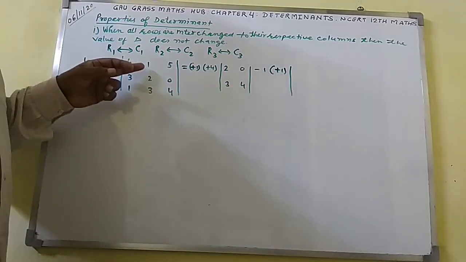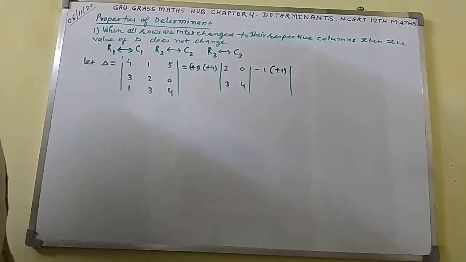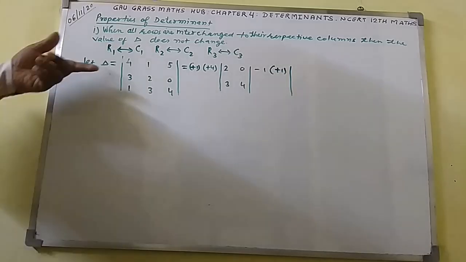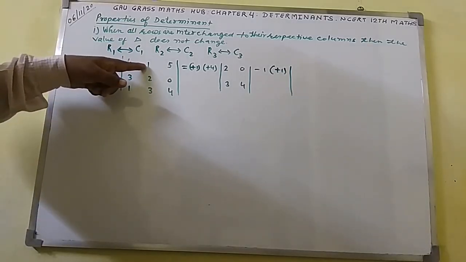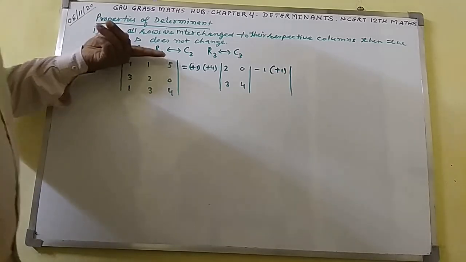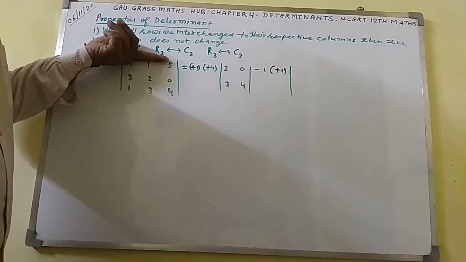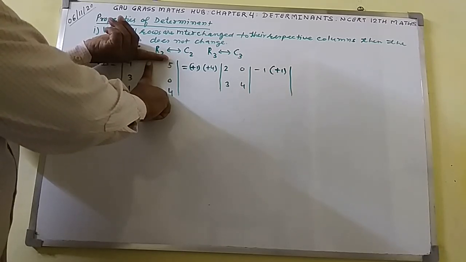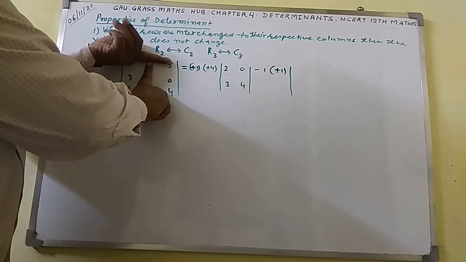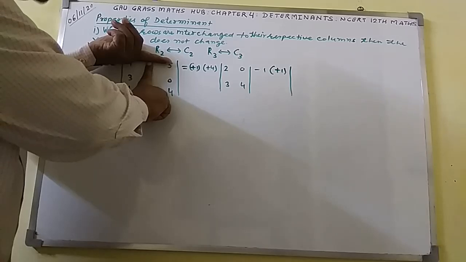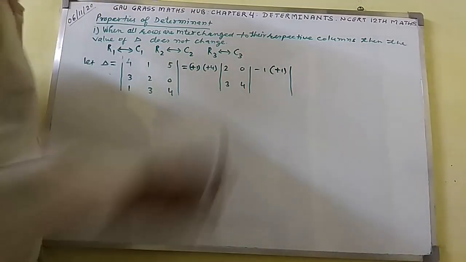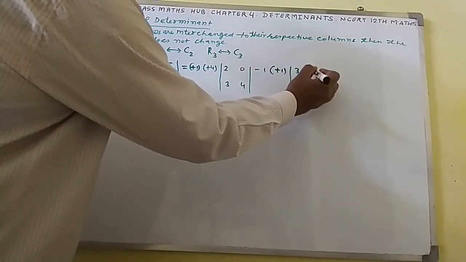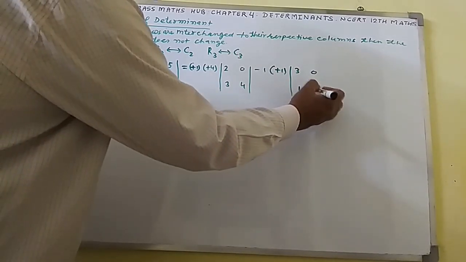Now get the minor of plus 1. Since 1 is in the first row, the first row will be hidden, and 1 is in the second column, so the second column will be hidden. The remaining elements will be 3, 0, 1, 4. So here write 3, 0, 1, 4.